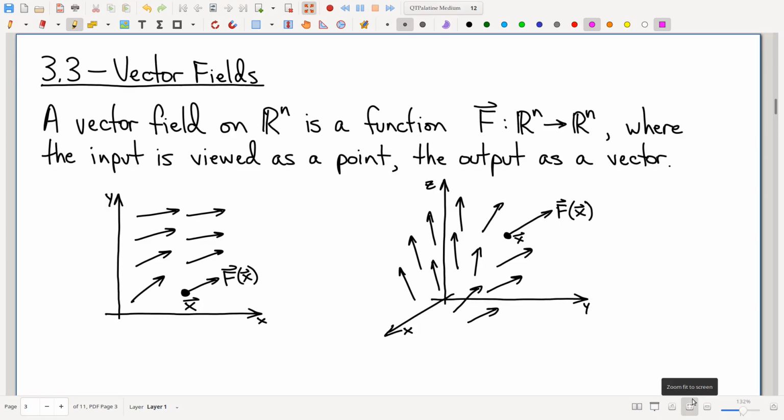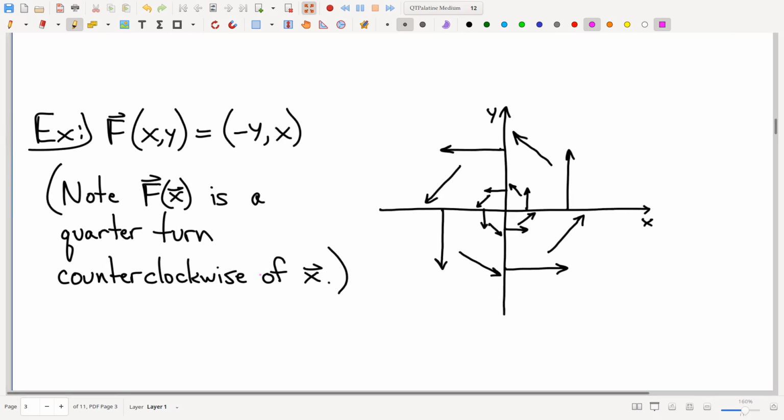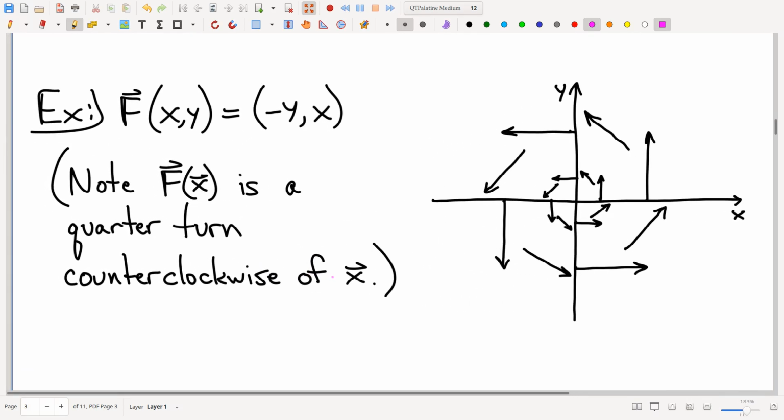Okay, let's see. Another example. This one's a little trickier. By the way, you may notice the last two examples that we looked at were kind of by hook or by crook. The methods that we used in those two previous cases don't really generalize, and this is just the nature of the beast.